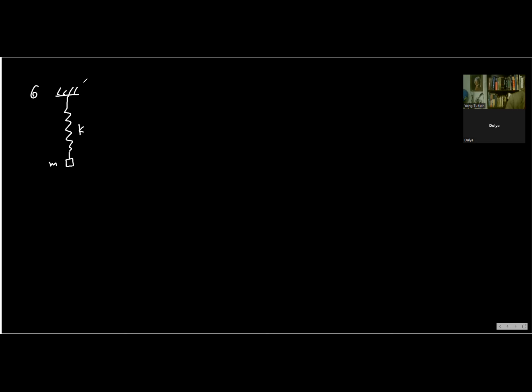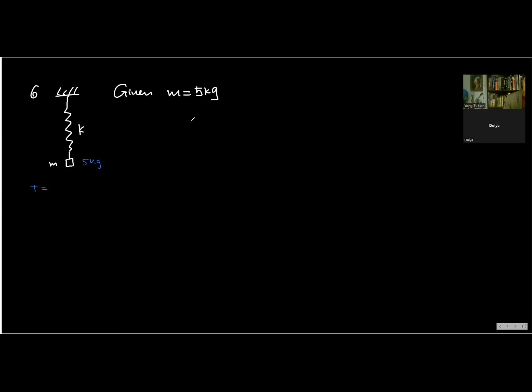How can we work out K, the stiffness constant, from the formula for displacement or velocity? Any other condition? We have the mass, which is 5 kilograms.